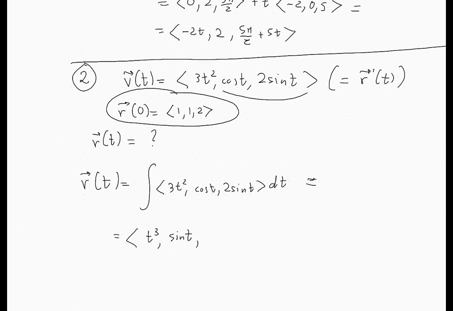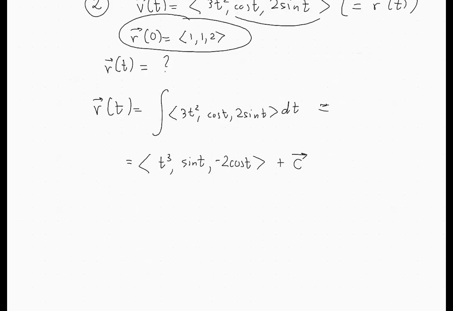And now, normally you would have put a C1, C2, C3. What I can do is put one vector C, which needs to be determined by means of the initial condition. So R of 0, on the one hand, is known to be 1, 1, 2.